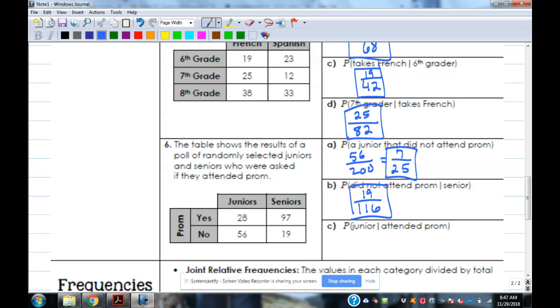Okay, so top number is 28, bottom number, how much? 125.